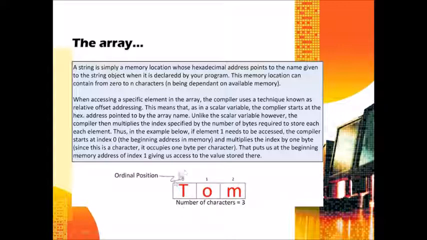If it were an integer, you'd start here, and if an integer is 4 bytes, you'd multiply 1 times 4, and that would put us right here. If it were element index 2, then you start at the starting address and multiply 2 by 4 bytes, and it puts us at 4, 8. That puts us right here, and we'd have access to that element. That's basically how it works.